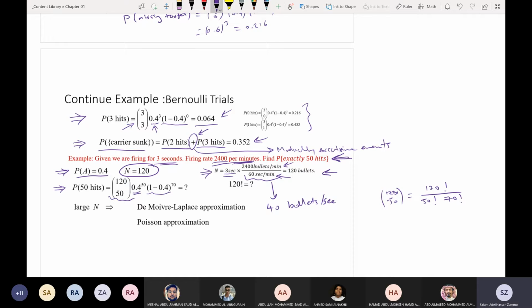So this is difficult to calculate, or at least takes time, unless you have a computer. And even if you have a computer, it's not something that the computer would love to calculate. And because of that, for large N, we have 2 approximations to calculate the N choose R.